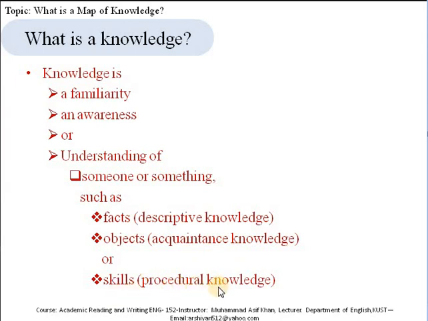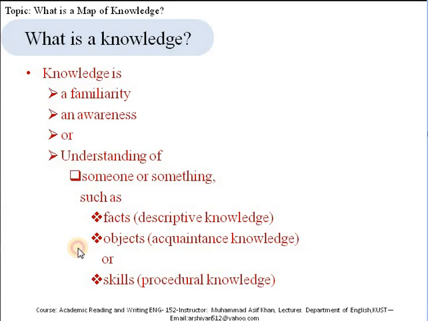Facts basically are the things that are known or proved to be true, and objects are material things that we can see and that we can touch, and skills are the abilities to do something well or to do something with expertise. So these are some of the things of which we get familiarity, awareness, and understanding. So knowledge is familiarity, awareness, or understanding of someone or something.